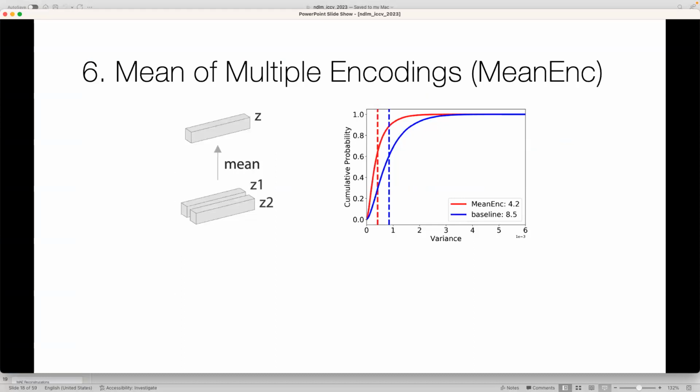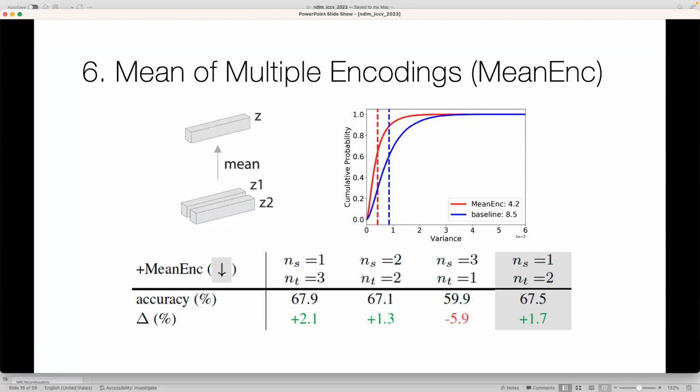And we can do it explicitly. Mathematics tells us if we average multiple encodings, it will definitely reduce the variance. So that's what we did. And what we find is that if we reduce the variance, it is more helpful to put it on the target side.